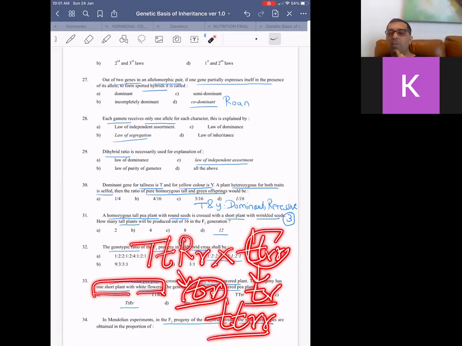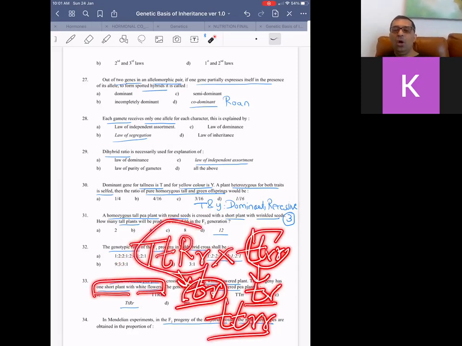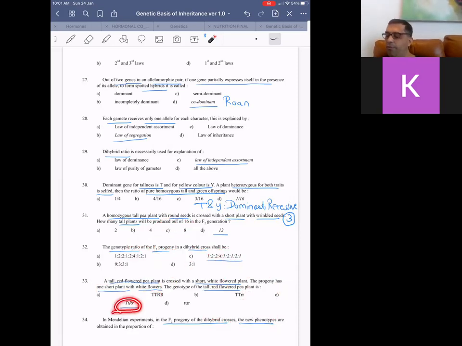But that means tall and red must have given small r, means tall and red is heterozygous for the characteristic. Correct.